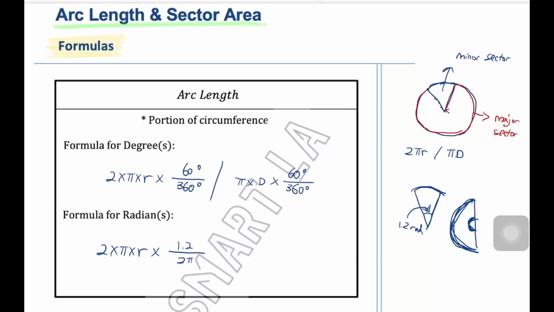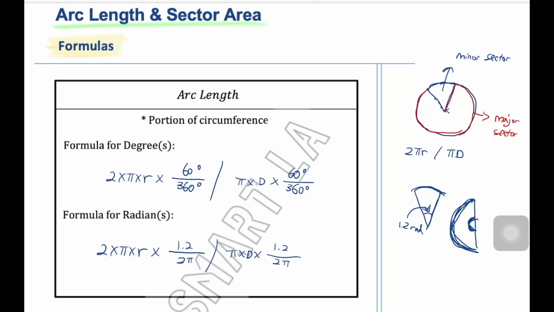Because the angle of the whole circle in radians is 2 pi, just like here I put 360 because the angle for the whole circle in degrees is 360 degrees. So switching it accordingly, this is the formula for finding arc length when your angle is in radians. And I can have the pi d one as well: pi times diameter times, same thing, 1.2 over 2 pi.